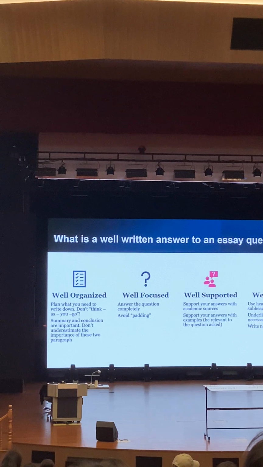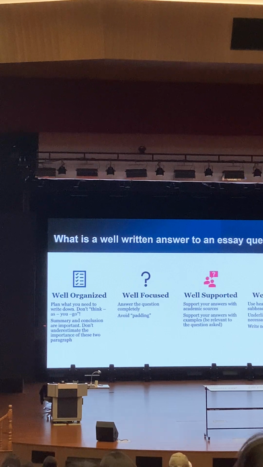Usually, for us, especially for this core module, one typical essay question will include not only one key component. Usually, it will have 2 or 3 components, okay? Do not miss any one of them. If you miss any one of them, it's quite risky, okay?